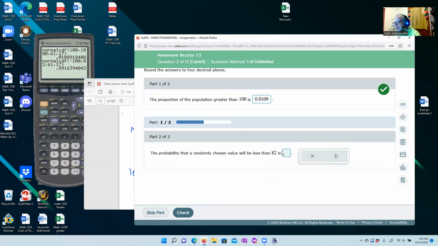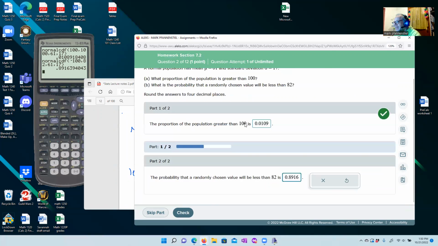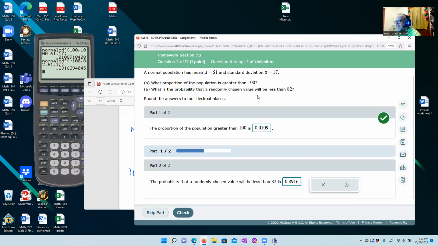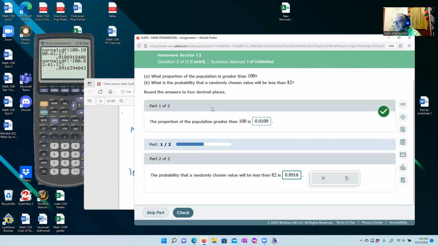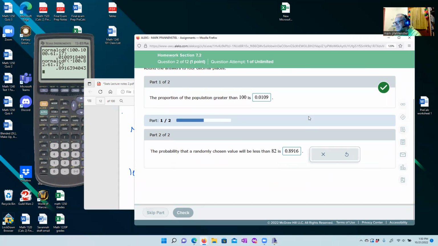Okay, so 0.8916, and that is our probability that some random number is going to be less than 82 for this scenario. Okay, so that's what we're going to do.